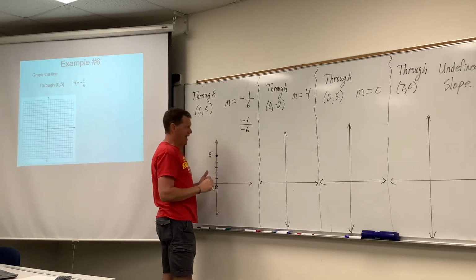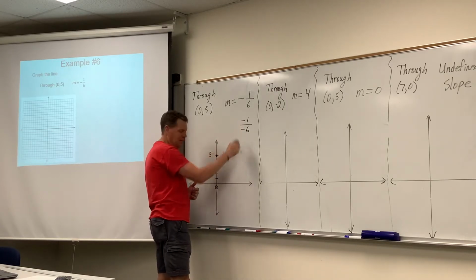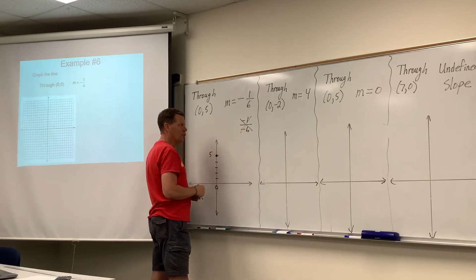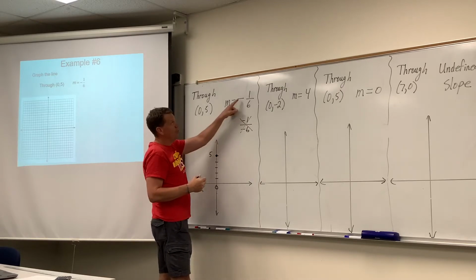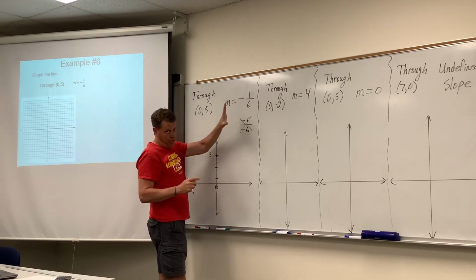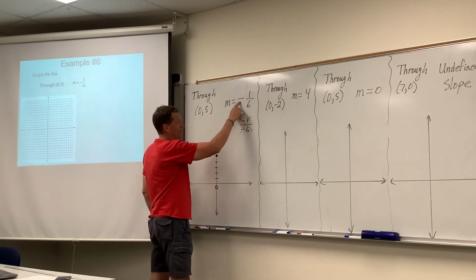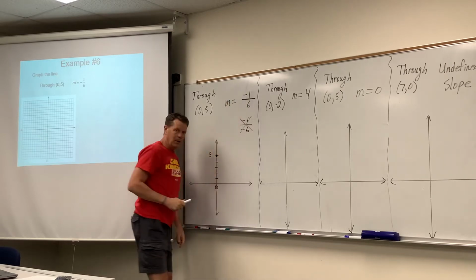But if you think about it, a negative divided by a negative is positive. So my point is this is not equivalent to negative 1/6. You can put it on either one, but not both, just one or the other. But mathematicians will usually think of that negative as being in the numerator.